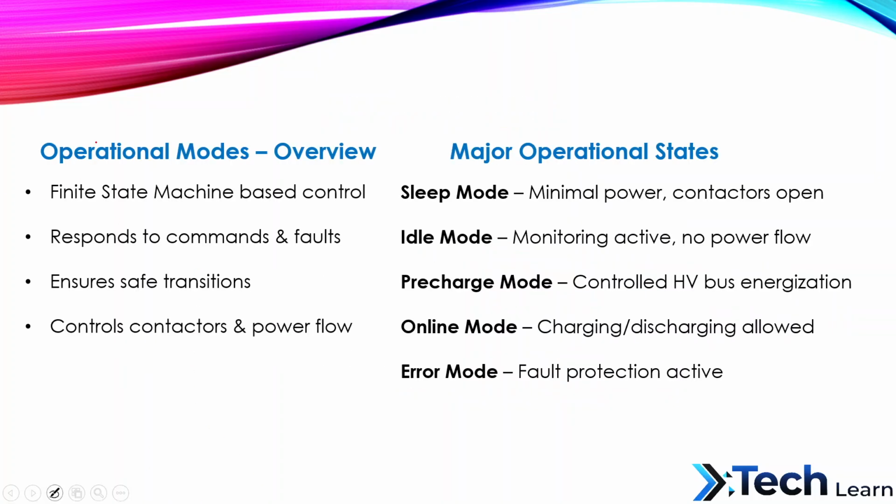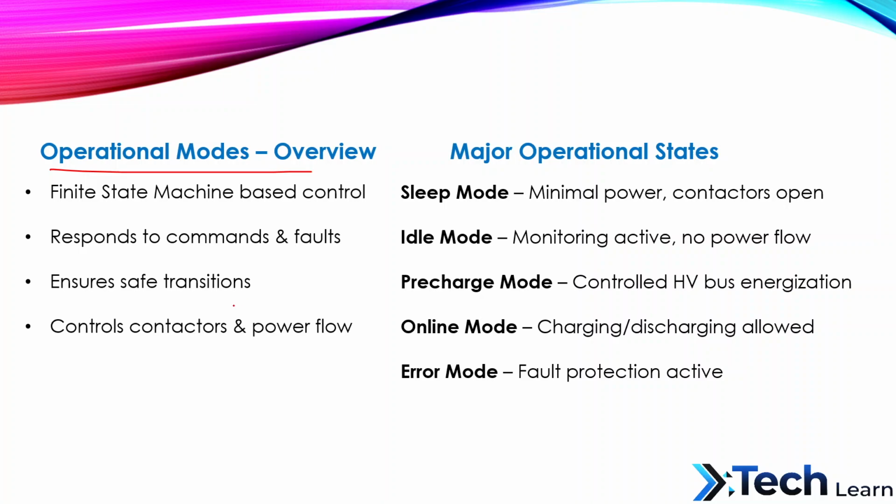Here you can see that the modern BMS uses a finite state machine to control the operation. This means the system transitions between defined states based on external commands, internal battery conditions, and detected faults. This structured control ensures safe operation and predictable behavior.